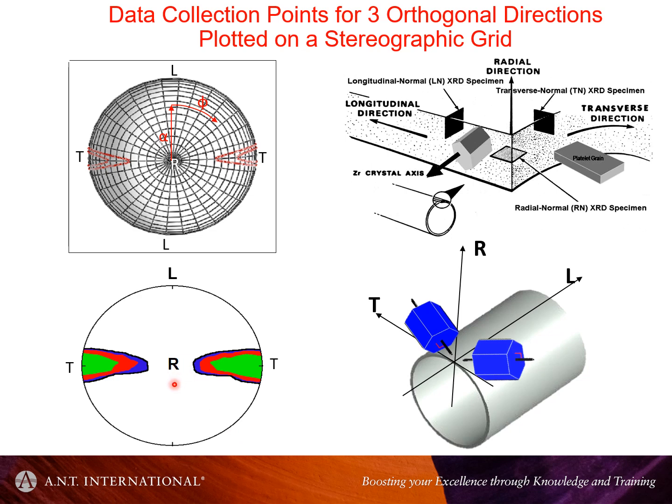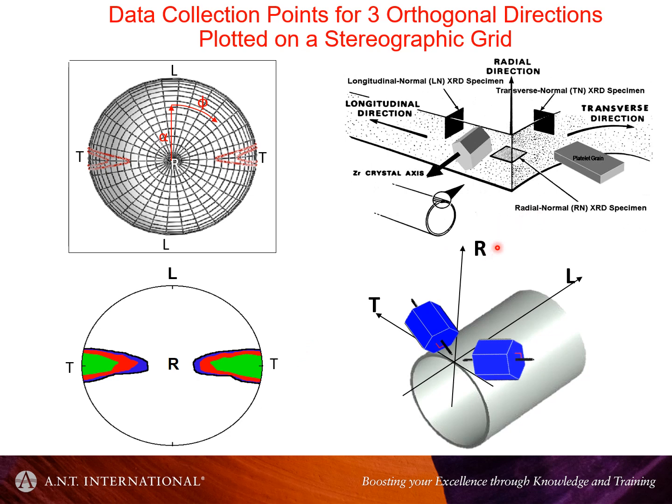And what this shows is that there are very few basal poles, or very few grains which have their c-axis in the radial direction. There's nothing there, but many grains are oriented closer to the transverse direction. The peak perhaps is slightly between the transverse and the radial direction in the radial-transverse plane.